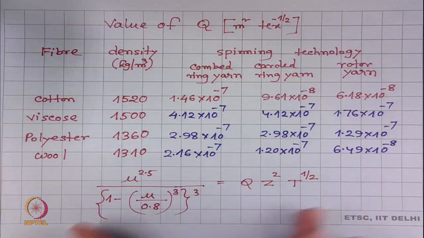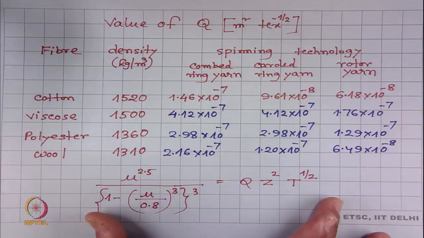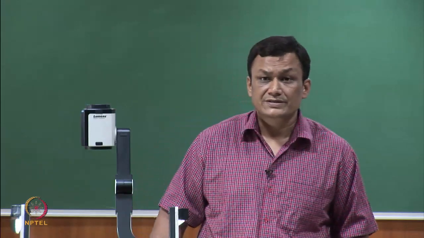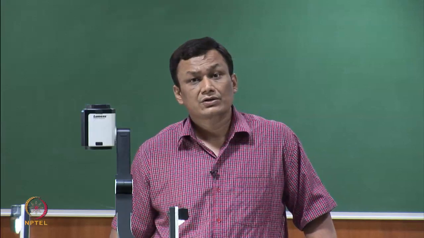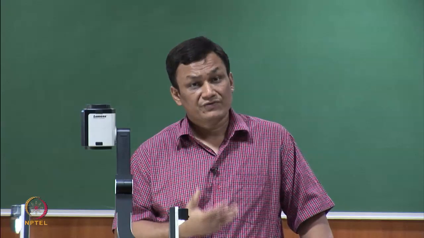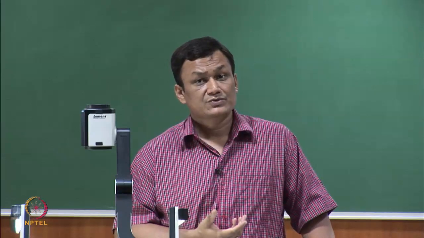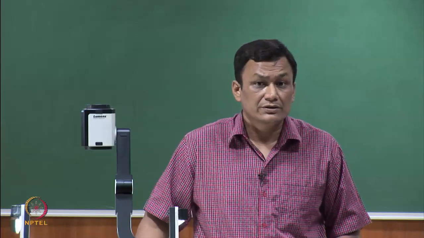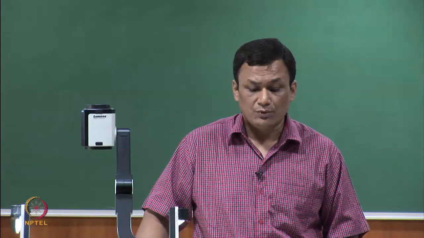When we compare this expression with experimentally obtained results, if they are matching, probably our assumptions were close to reality. If they are totally different, then probably one or more of the assumptions were not close to reality. So, we have to change those assumptions, modify them, and rebuild the model. We find the final expressions once again, and compare with the experimental results. That is a typical character of any theoretical work.